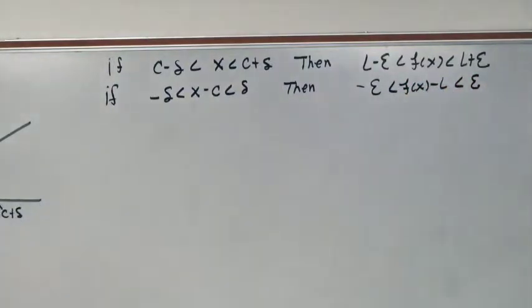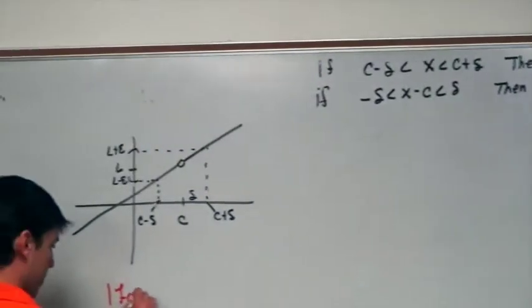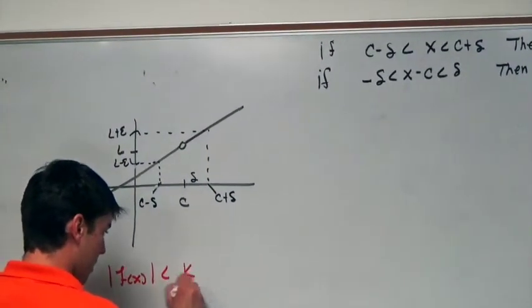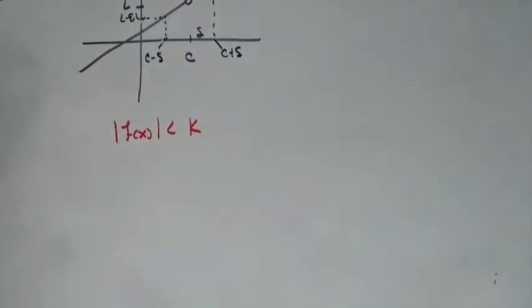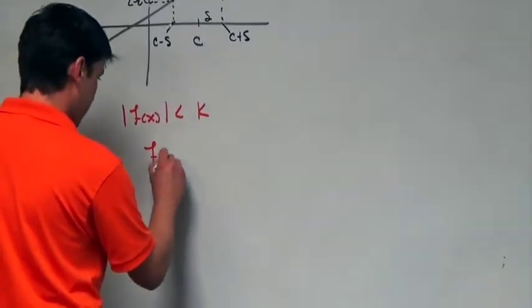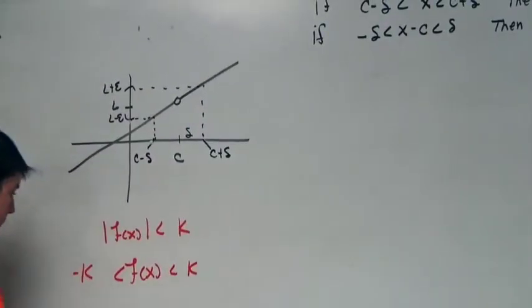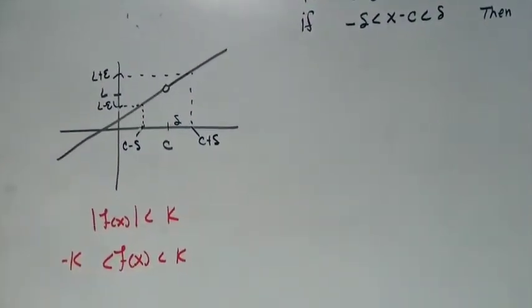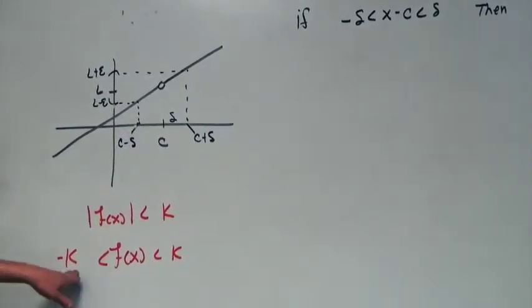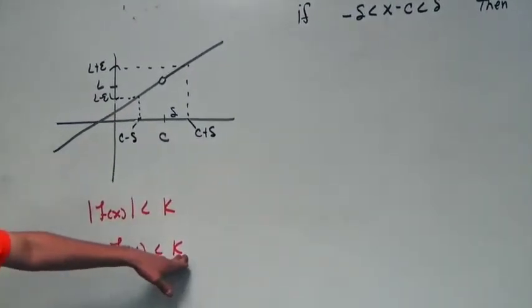Okay. They compact it even more by incorporating absolute values. Remember from pre-calc that if the absolute value of a function is less than a number, this is logically equivalent to saying that the function is between the positive and the negative of that number. And that's what we see: negative number, function, positive of the same number.